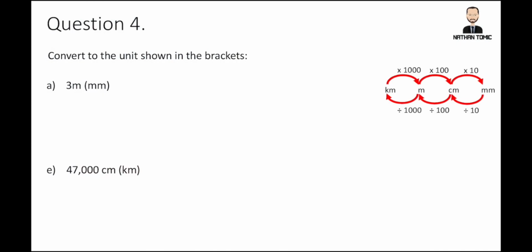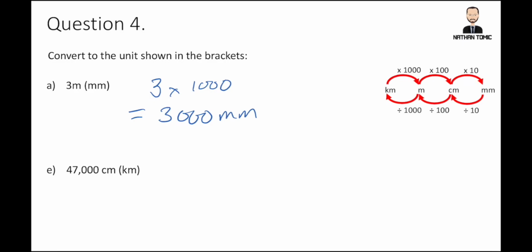Now, if we're smart about this, we can say that's actually the same as multiplying by 1,000. So we can do this very easily. We're going to have our 3 multiplied by 1,000, which we know is easy, just add the zeros on. So it's going to be 3,000 millimeters.